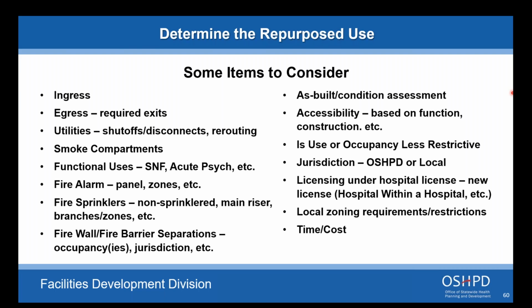Now, in theory, all buildings should be 100% accessible now. We know that's not always the case, but it is something to consider if you're moving to a local jurisdiction. If it remains with OSHPD, construction areas would be what would be required to be made accessible, or if new uses are provided, those uses have to have equivalent accessibility.